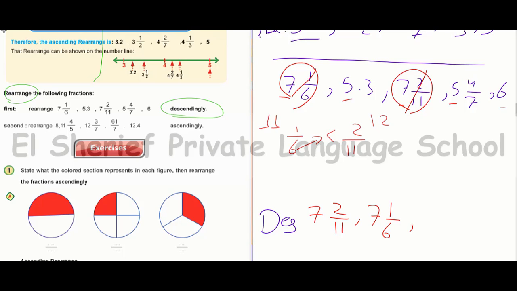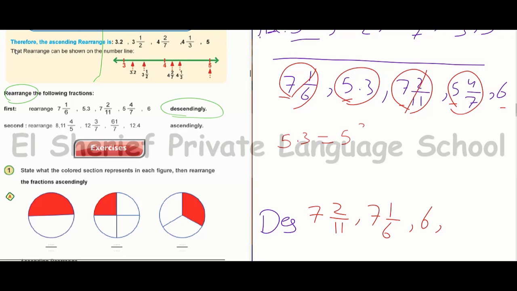Now we have 5 and 6 as whole numbers. We have 5 and 6, so put 6. The last step: we compare 5.3 and 5 and 4 over 7. 5.3 we can convert to a mixed number, 5 and 3 over 10.